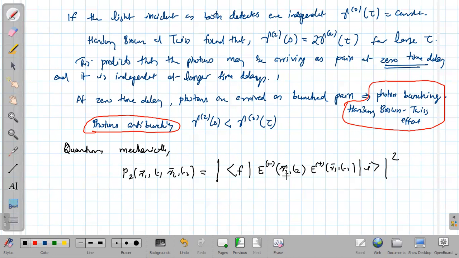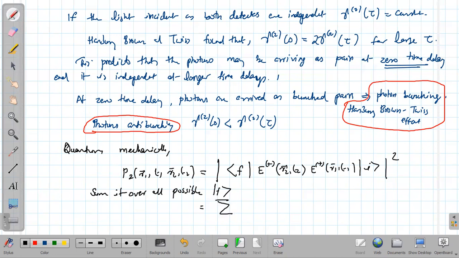So remember, recall that photodetection is a destructive process. That is why we are using this annihilation operator term here. Okay, so we can make a slight modification. The first thing is the final state. There may be many possible final states, so we have to sum over all possible final states.